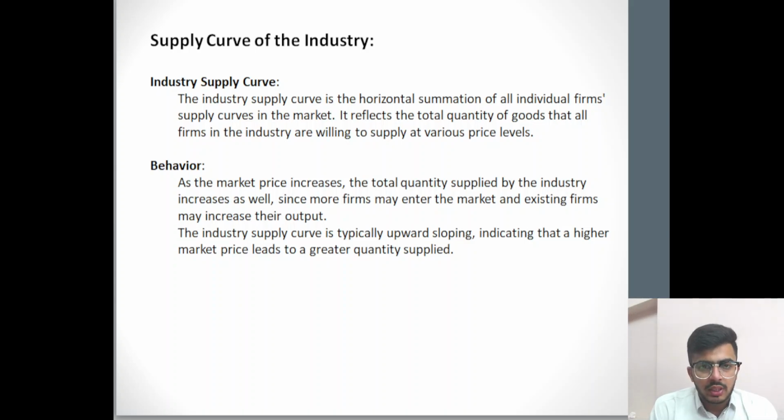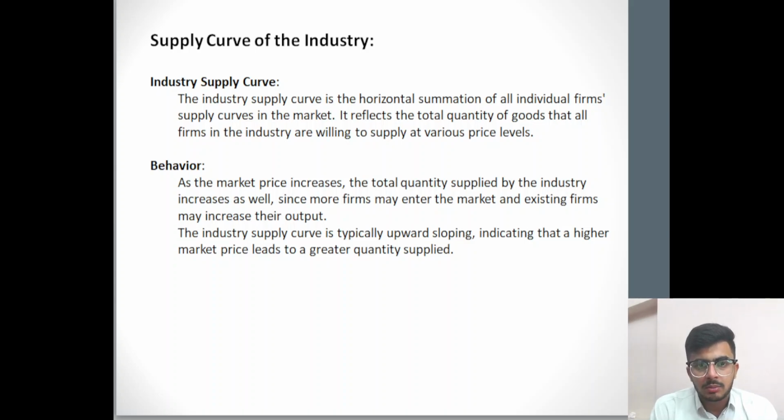Now the supply curve of the industry, which is the horizontal summation of all the firms' supply curves in the market. It reflects the total quantity of goods that all firms in the industry are willing to supply at various price levels. The behavior of this supply curve is that as the market price increases, the total quantity supplied by the industry increases as well.